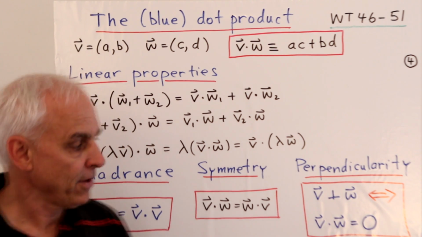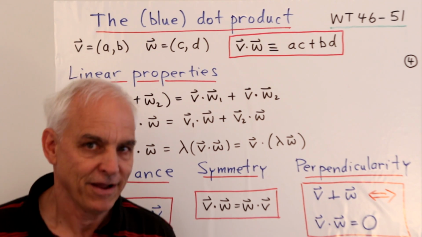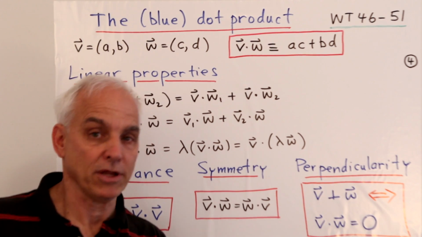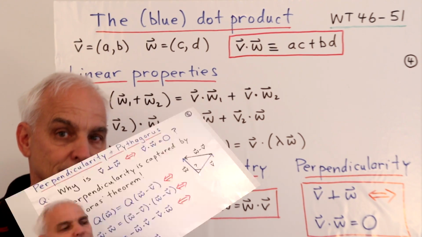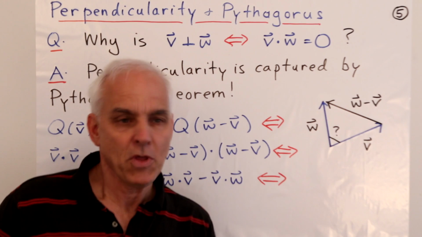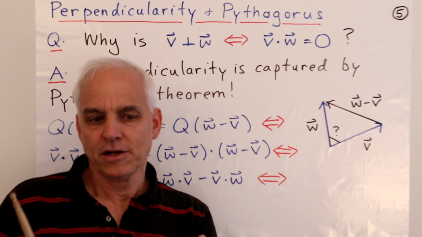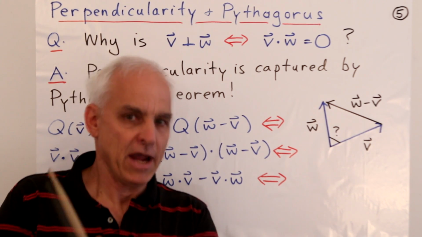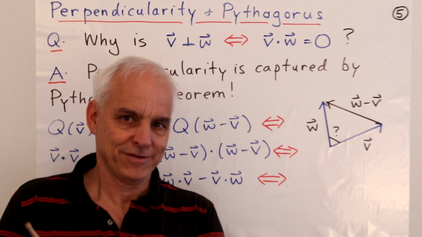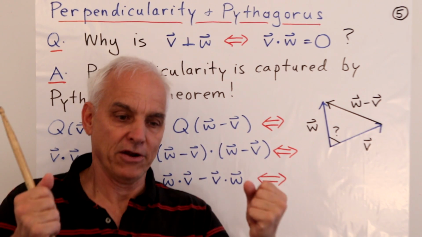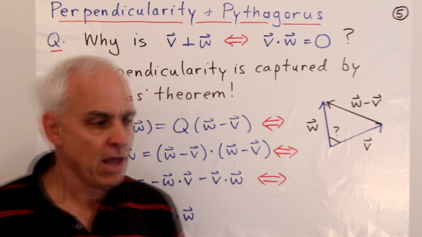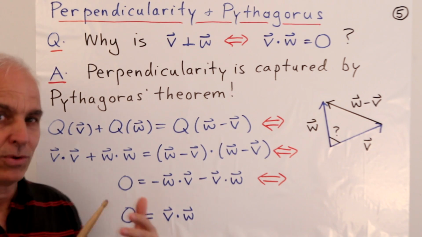So we need to talk a little bit more about this perpendicular property of the dot product. Students who take linear algebra courses are often taught that perpendicularity is defined in terms of the dot product. That we just define perpendicularity by the dot product being 0. But that's not really the whole story.